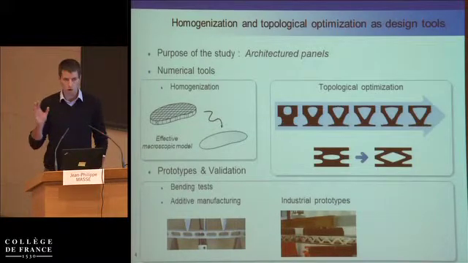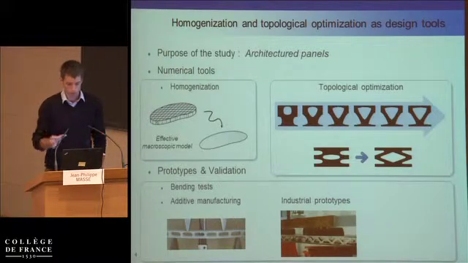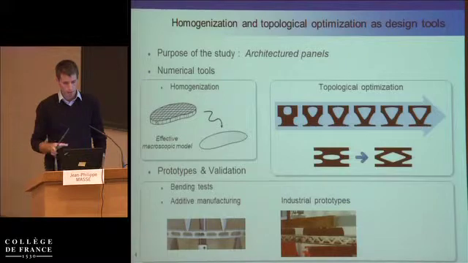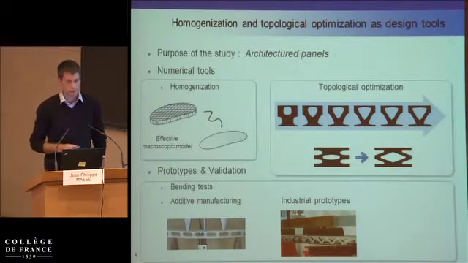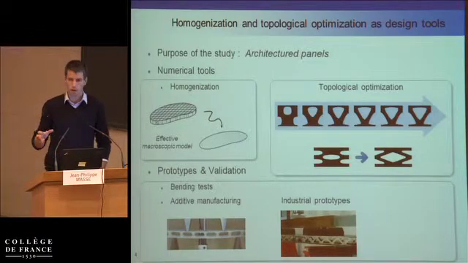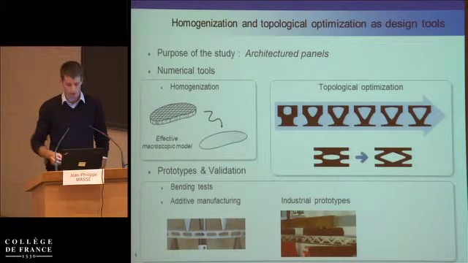So I will present more the methods than different types of architecture materials, as you will see during this afternoon and days. More on methods, I mean homogenization and topological optimization, in order to present a complete approach of how to design a given architecture panel from the specification.